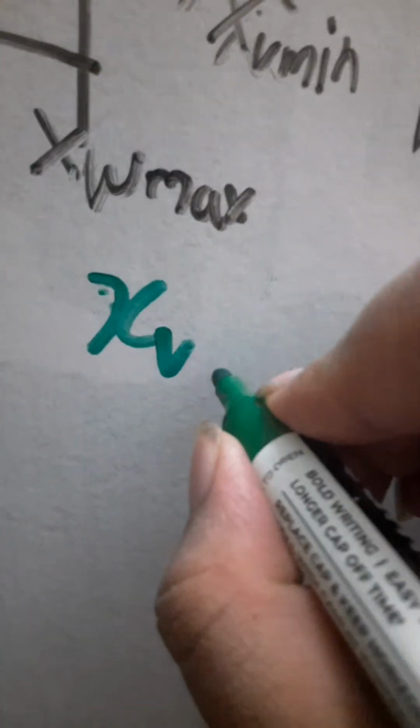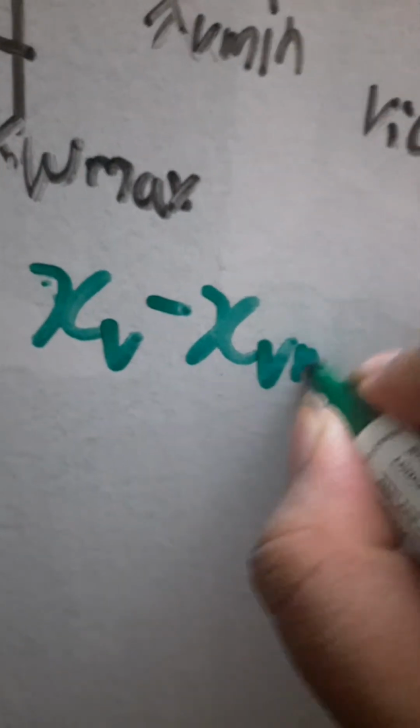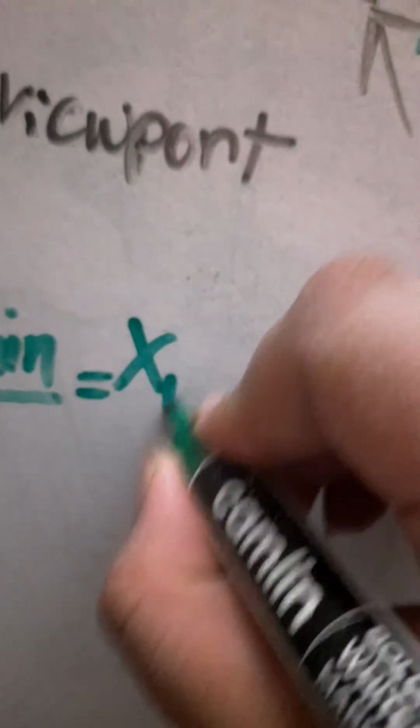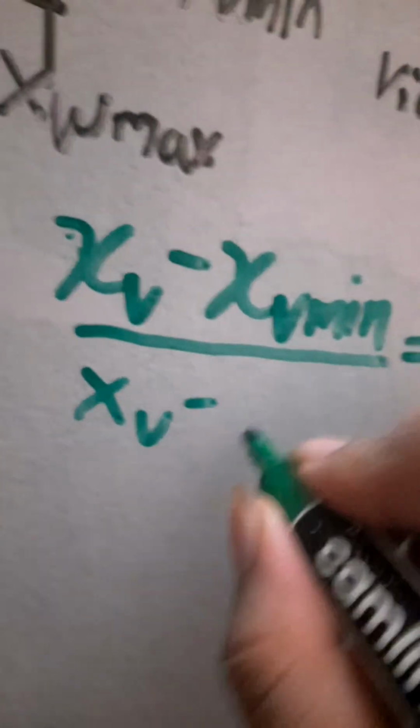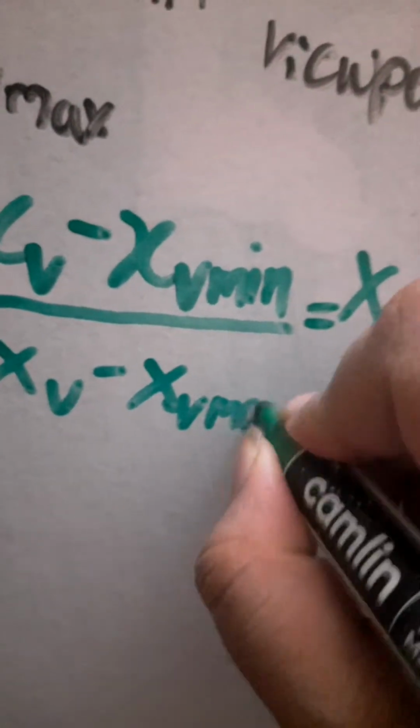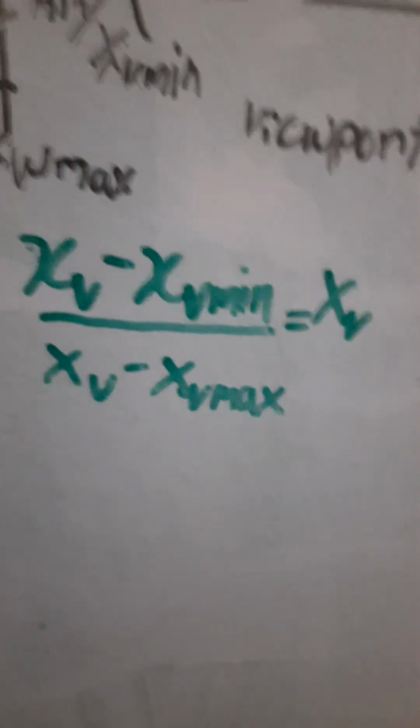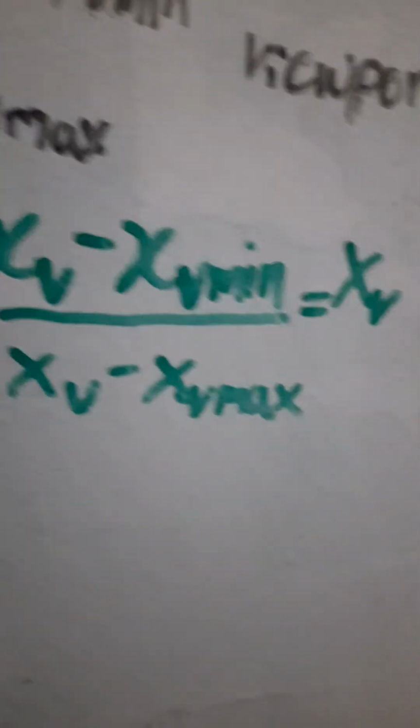So for the x axis we are taking it separately: xv minus xv min, divided by xv max minus xv min.